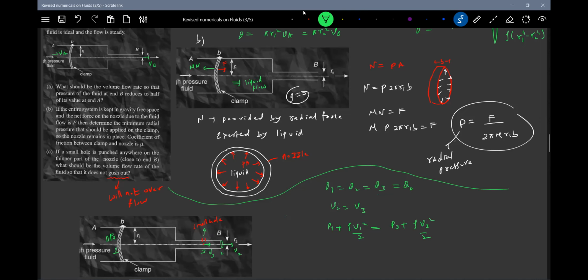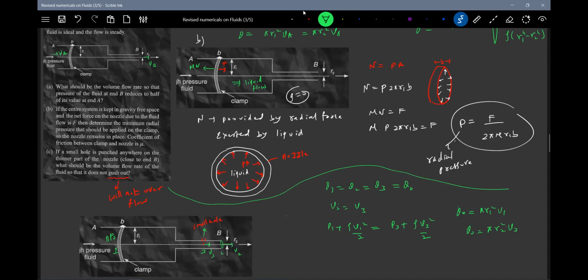I think V2 equal to V3, and you can bring that in terms of flow rate here. What is V1? What you can write it as? Q naught equal to pi R1 square V1. Q naught equal to pi R2 square into V3.